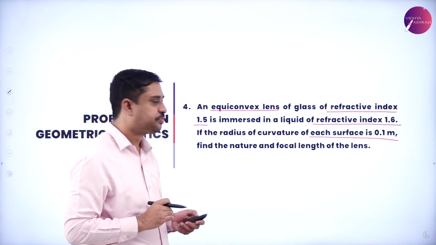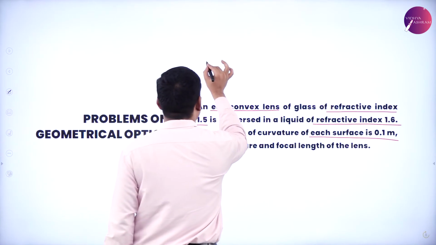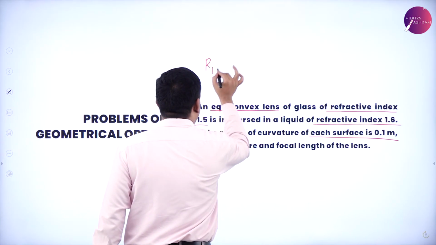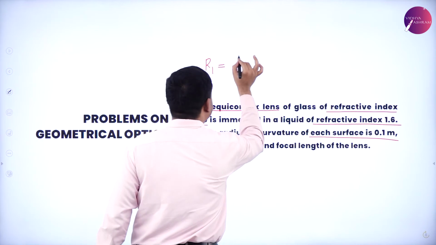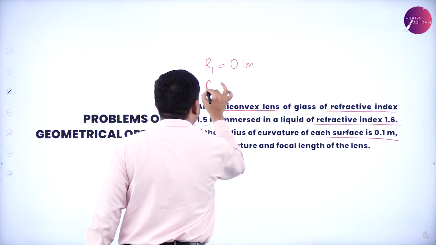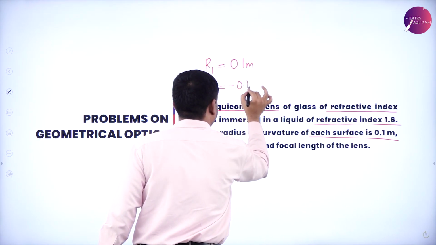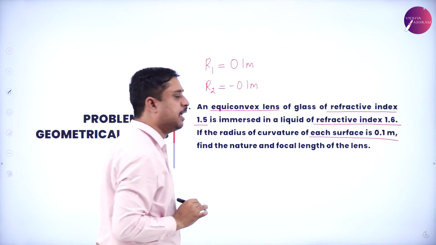Now again, equiconvex lens. So R1 is 0.1 meter, and since it is equiconvex, R2 is minus 0.1 meter.